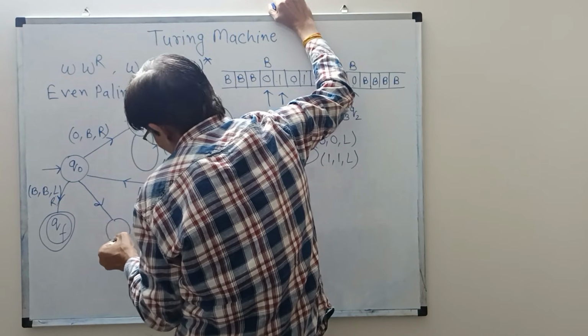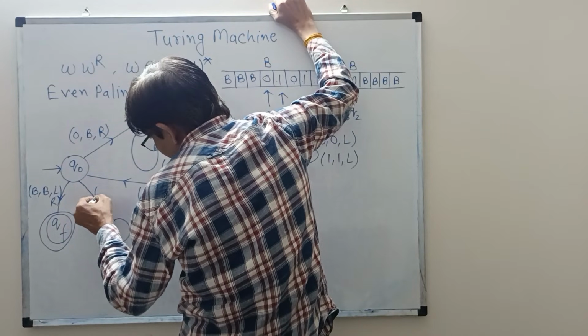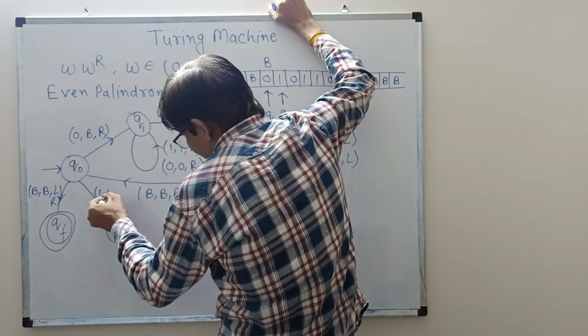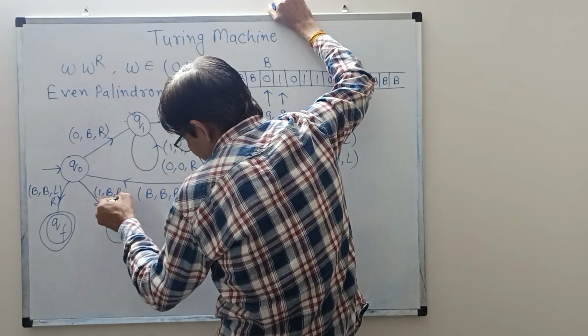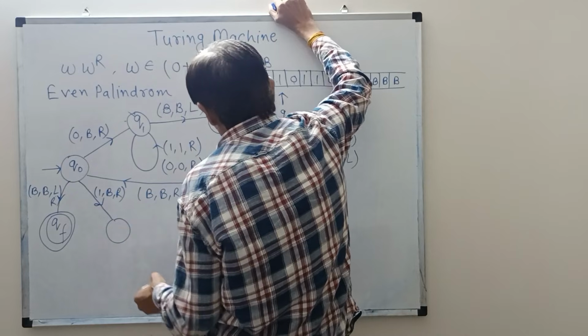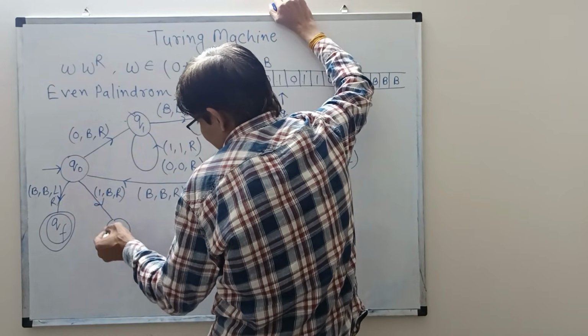So I am getting 1 on Q0. If I'm getting 1 on Q0, again I will convert it into blank and I will continue moving towards right. And I will change our state. How many states have we used? Q1, Q2, Q3.